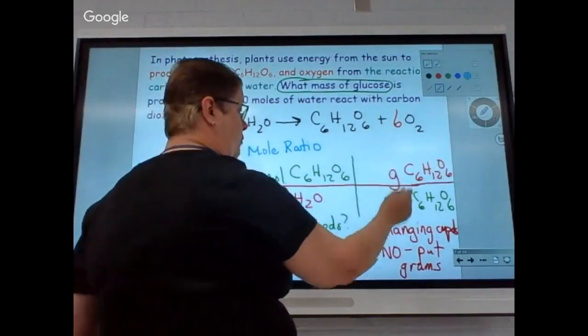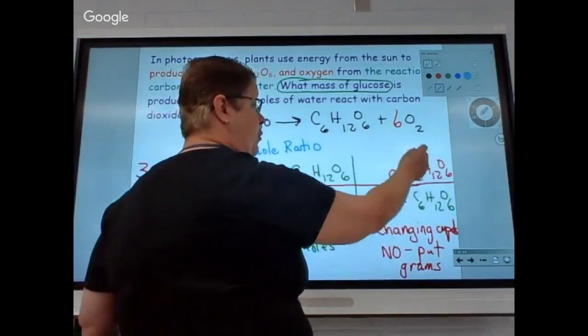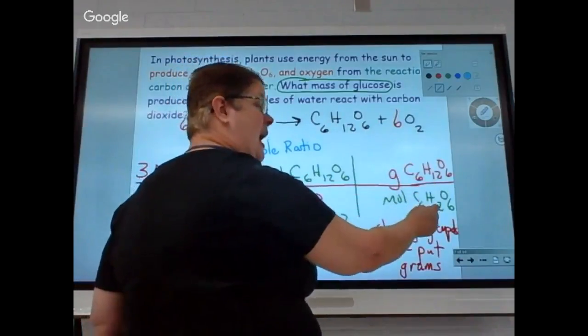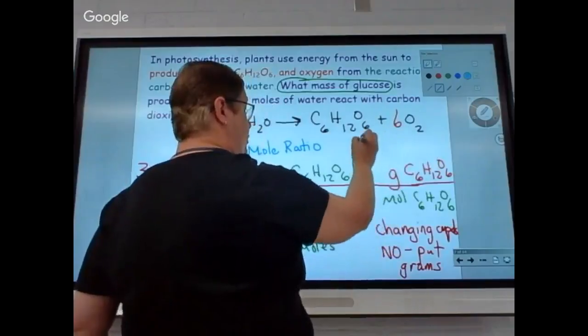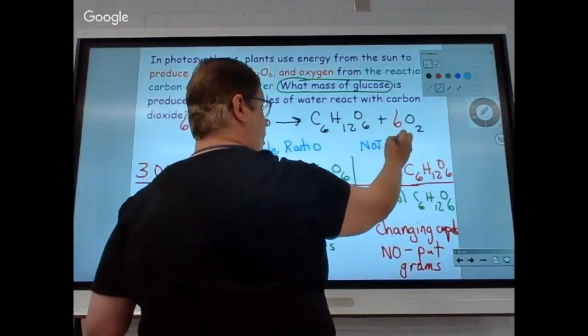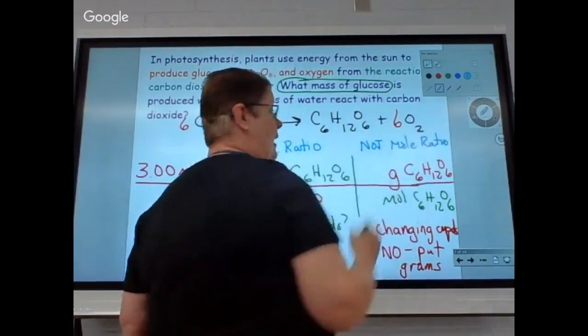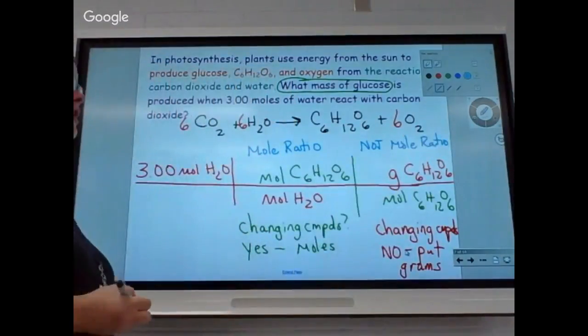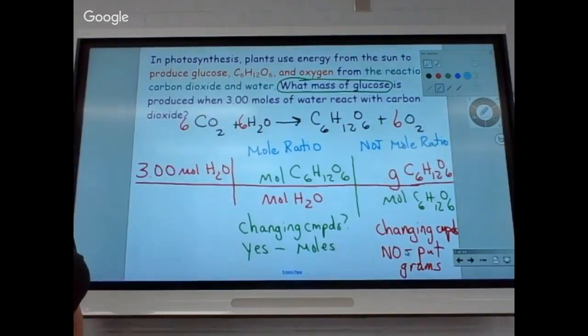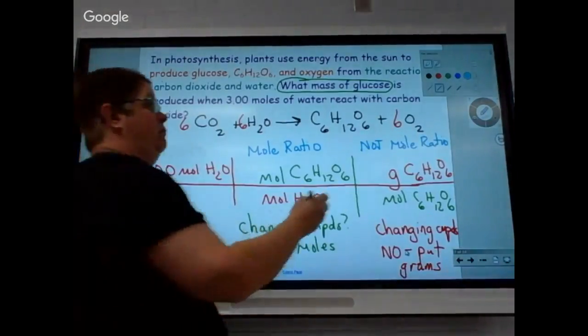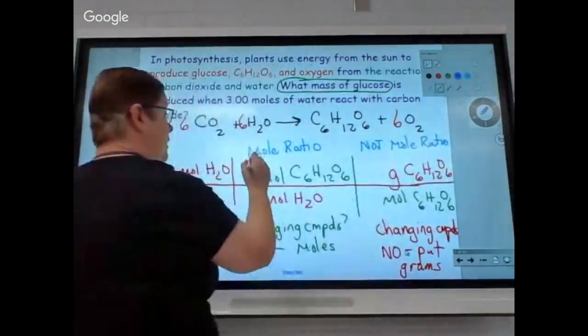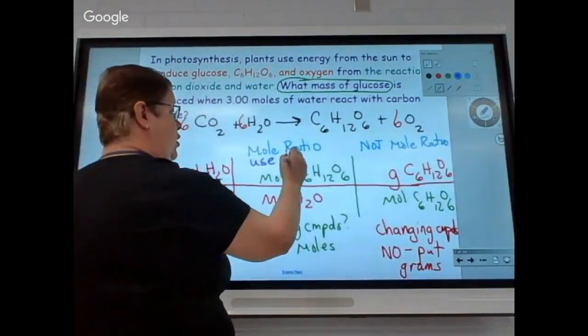Is this a mole ratio? No. The compounds have to be what? They have to be the same. Okay? So this is not a mole ratio. They have to be the same. I can't change them there. So where's the only place I get to use coefficients? That's right. Here, I use the coefficients.